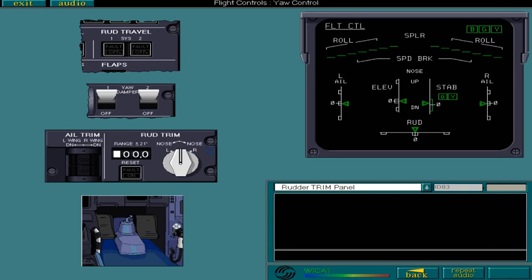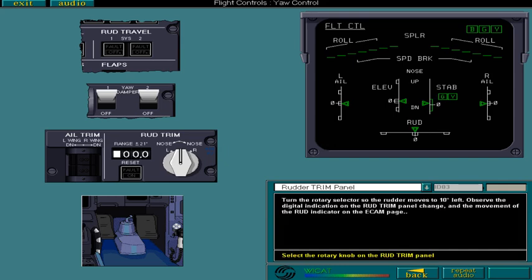Turn the rotary selector so the rudder moves to 10 degrees left. Observe the digital indication on the rudder trim panel change and the movement of the rudder indicator on the ECAM page.